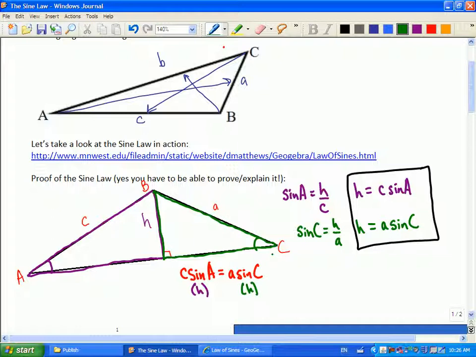Now I'm going to divide out so I have C on one side and A on the other. To do that, I'll divide by sine C and move to the other side.